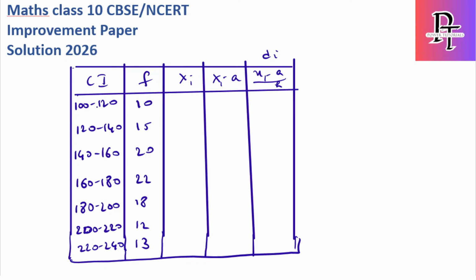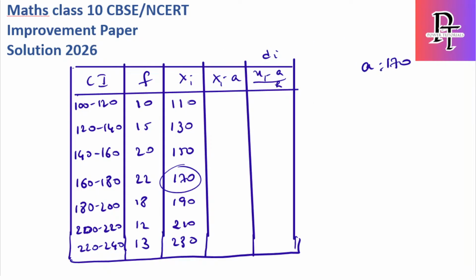So let's write what is XI. XI is the mid value of the class interval. So here it is 110, then 130, 150, 170, 190, 210, 230. I am taking a mid value as the assumed mean, so I am writing A is equal to 170.